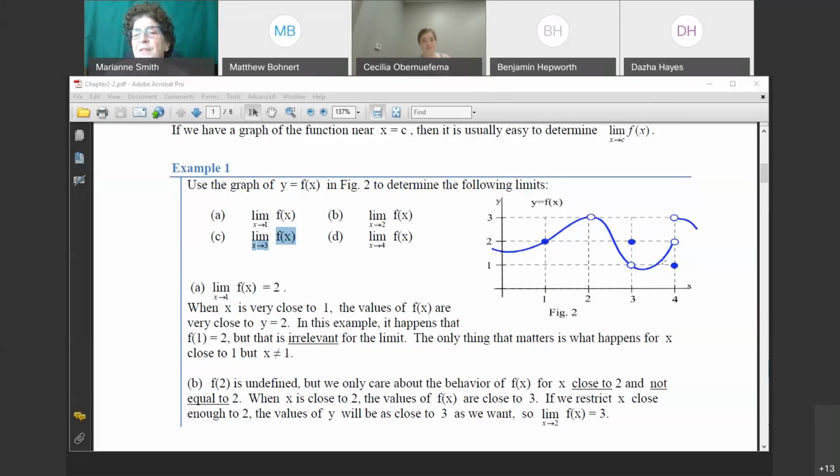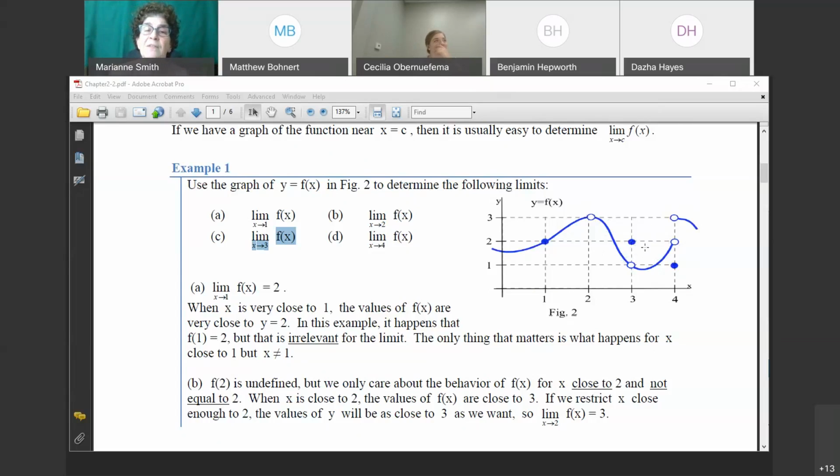This sort of situation occurs a lot of times in piecewise functions where you've got an exception to the rule, and you've got part of the function defined one way and part of the function defined another way.